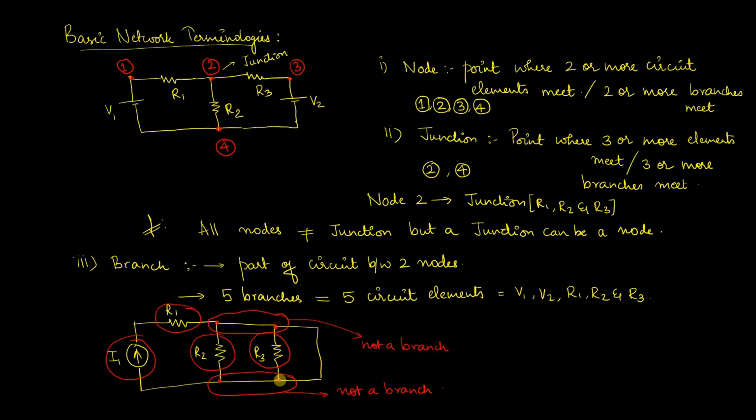And in the last one, between the two nodes, it's more like a short. No circuit element is present, so it is not a branch. So the number of branches will always be equal to the number of circuit elements present in the circuit.